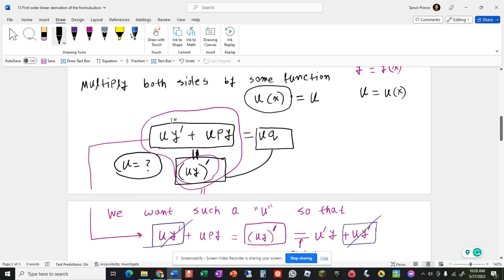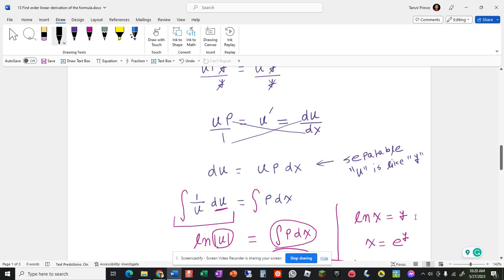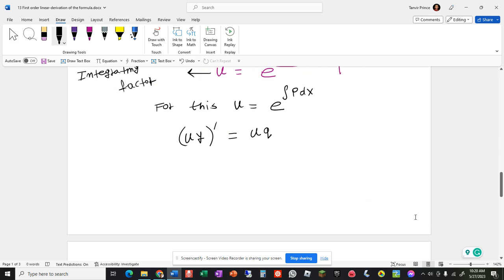Again, let me go back to make sure everybody got that. Remember, this is our original differential equation, right? We multiply both sides by u, but for that particular u, the left hand side is (uy) prime. That is what I did, and the right hand side is uq. Now I have something prime equal to uq.